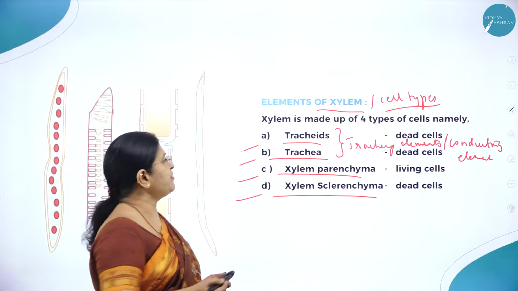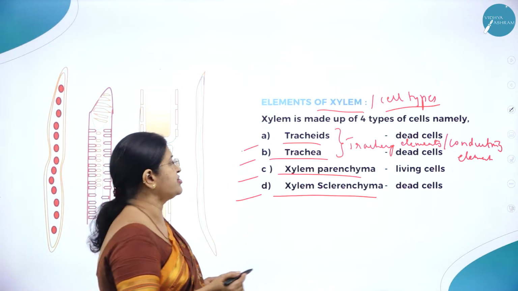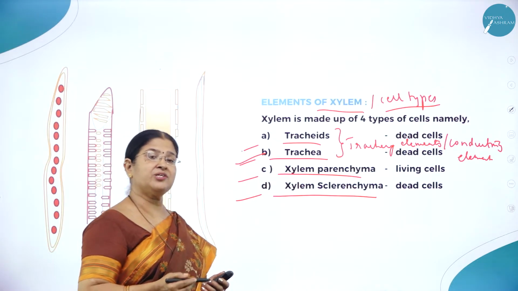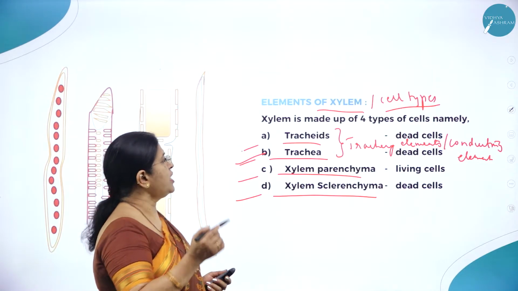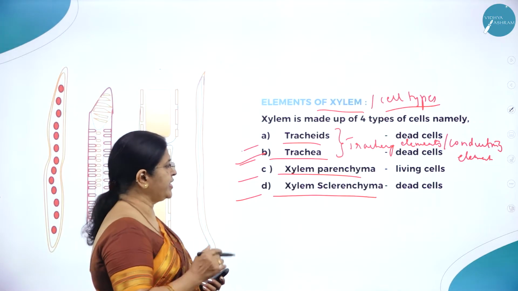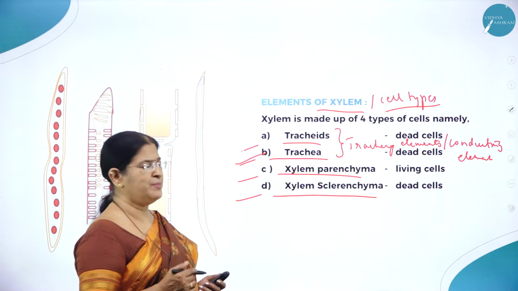So for example, if you ask who is more efficient in conduction than tracheids, it is trachea. Compared to tracheids, trachea is more efficient in conduction of water to greater heights.